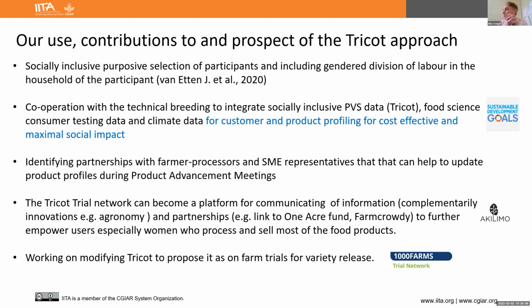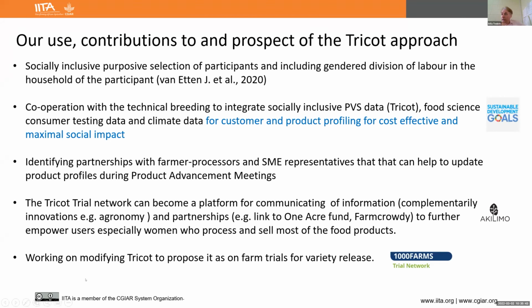And this is all about being more cost effective to realize maximal social impact, which should align with the sustainable development goals, so that you can really see, well, if we include these traits, we have maximal social impact, because we know what traits are demanded by certain groups. We know whether those traits are important or not important enough to be included.